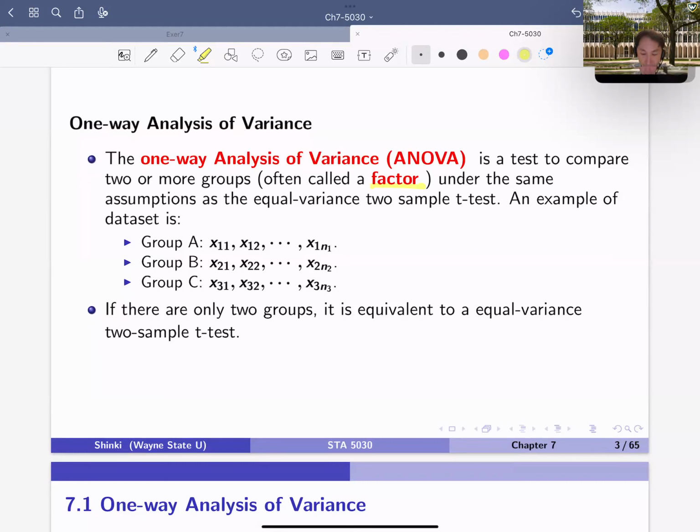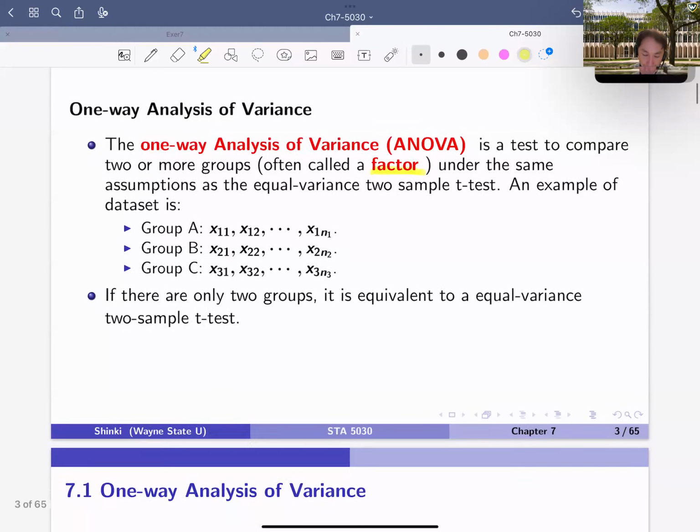But we have only one variable, one factor. Then the analysis of the group is called the one-way analysis of variance. Generally, to test something we use the variability, so we say analysis of variance. It sounds a little strange, but we say this as analysis of variance.